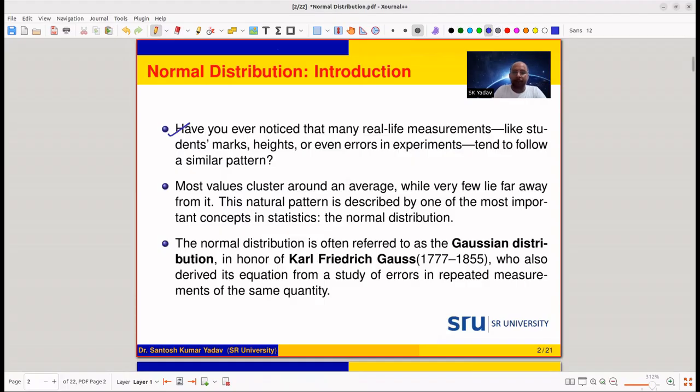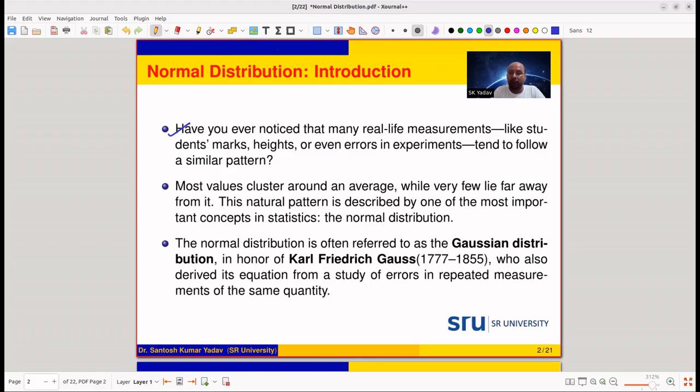You have seen in many real life measurements like the student marks in a class or height of student or height of people in a particular city or even the errors in measurements, they follow a similar pattern or similar trend. And what is this trend?